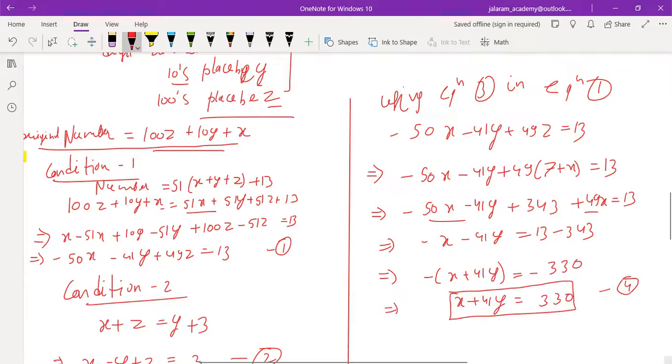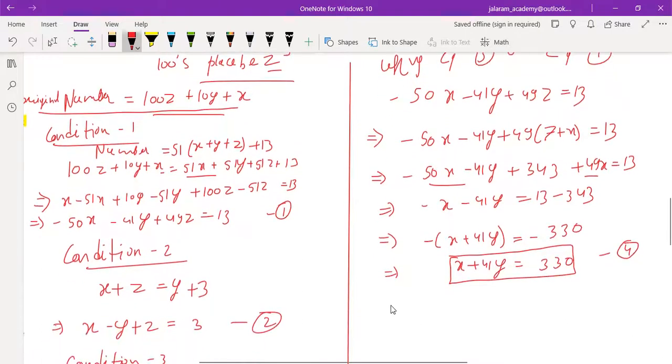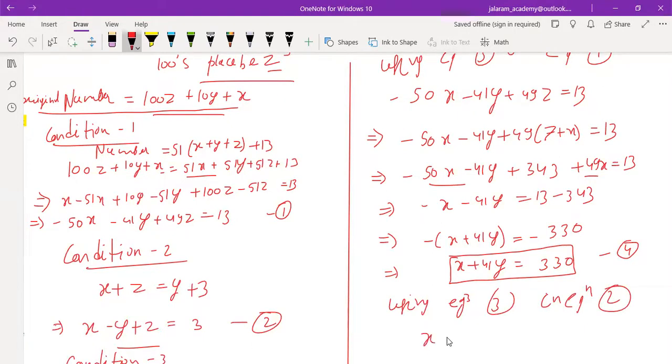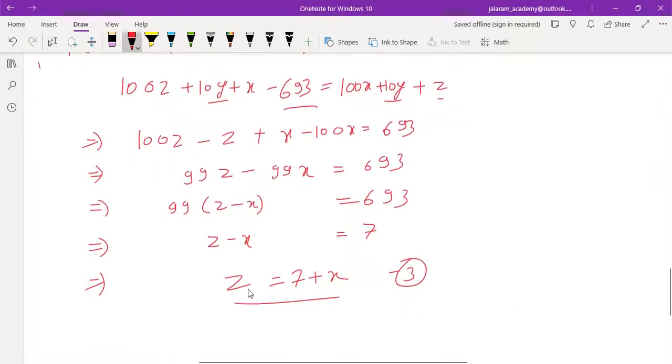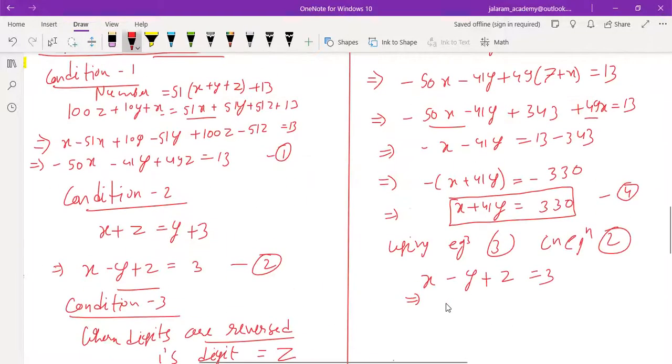Now again, use equation number 3 in equation number 2. Using equation number 3 in equation number 2, what do we get? Equation number 2 is x minus y plus z equals 3. We have calculated in equation number 3 that z equals 7 plus x.